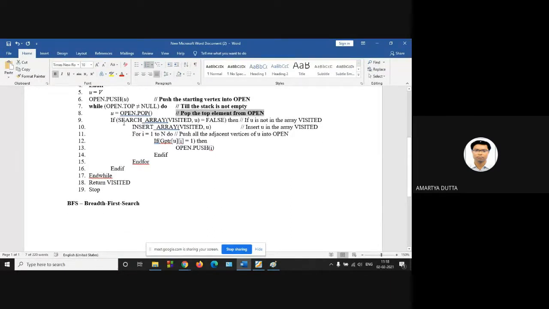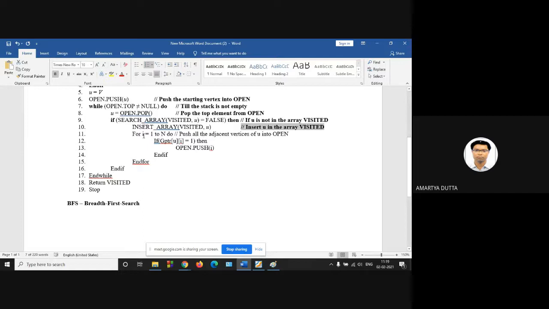Now if your popped item is not in the array, the array name is visited, that is, if u is not visited, then insert u in the visited array.